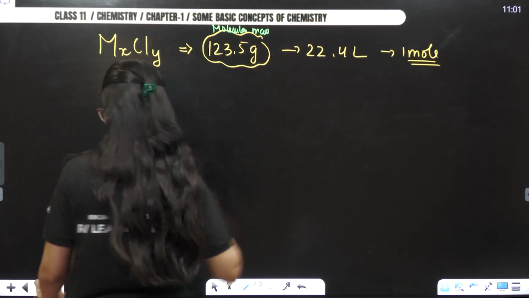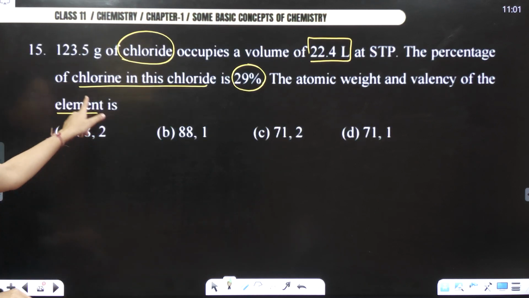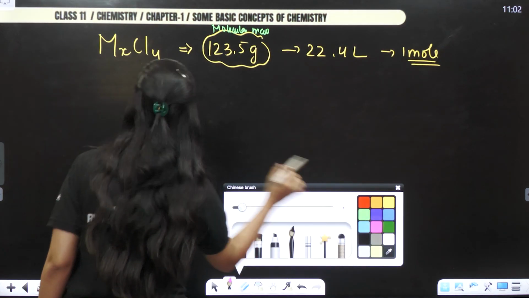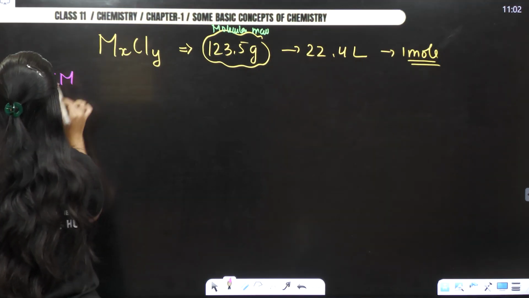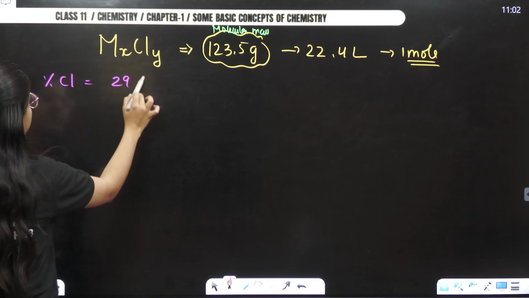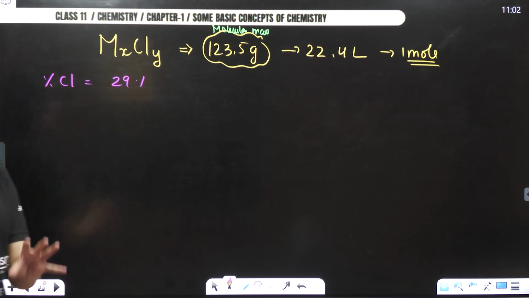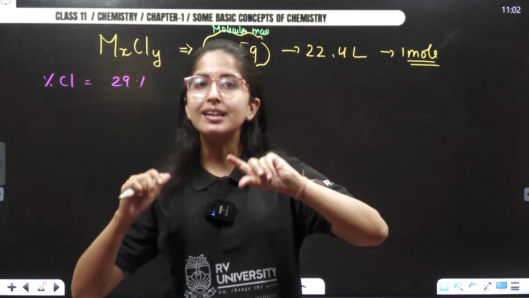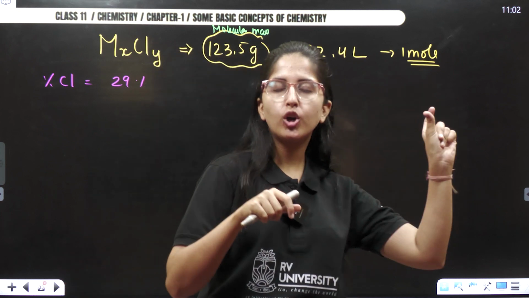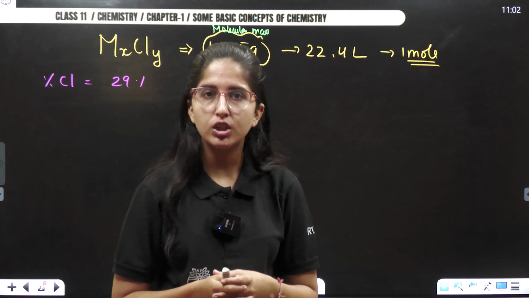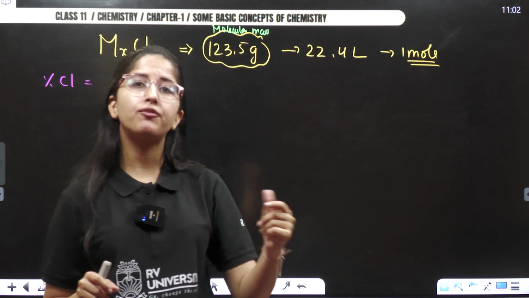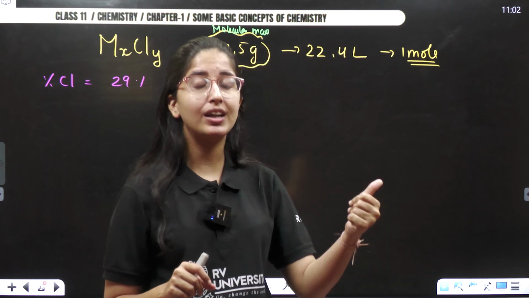Now let us come to the percentage they have given. The chloride percentage is 29 percent. Now come to the valency they have asked. Valency corresponds, in concentration terms, to normality, and with respect to normality we can correspond to equivalent weight.